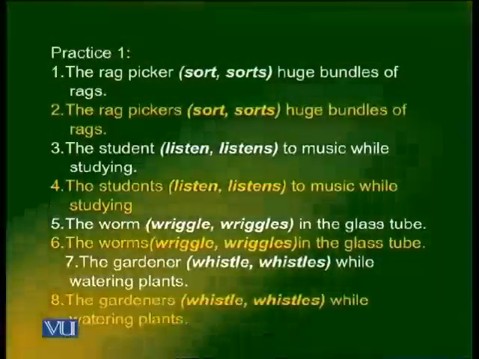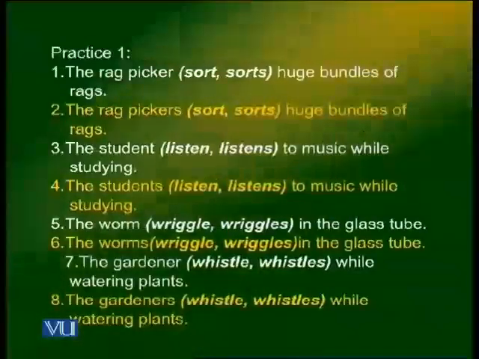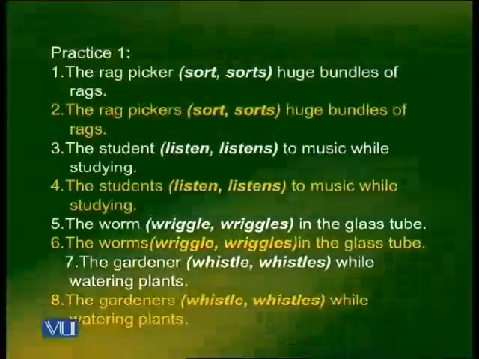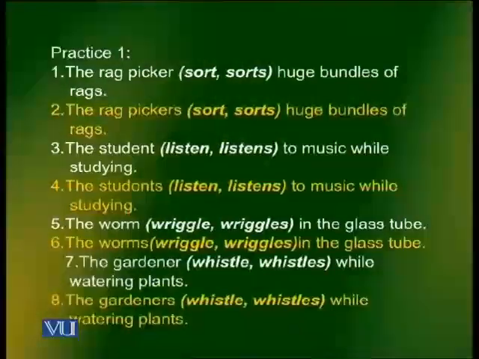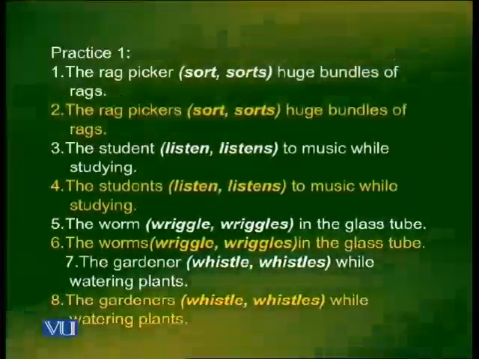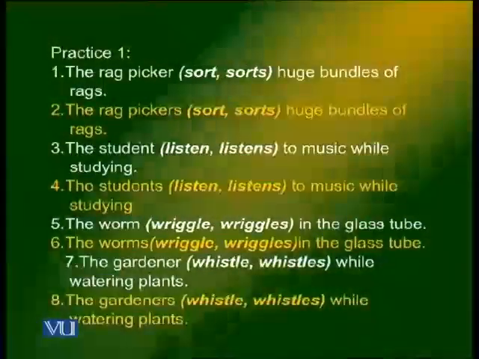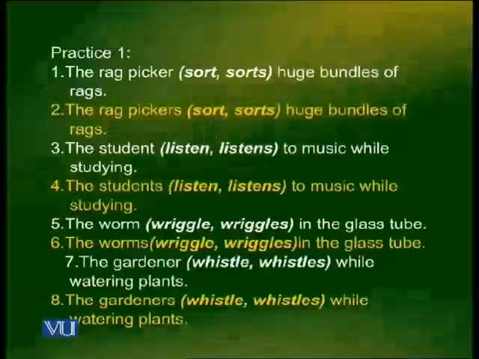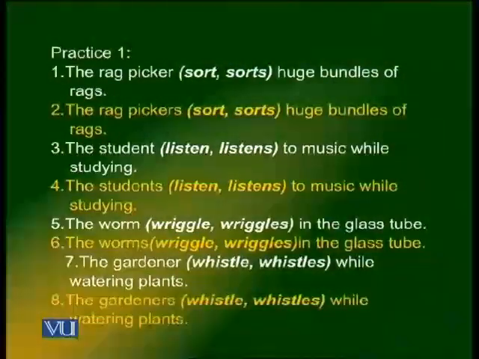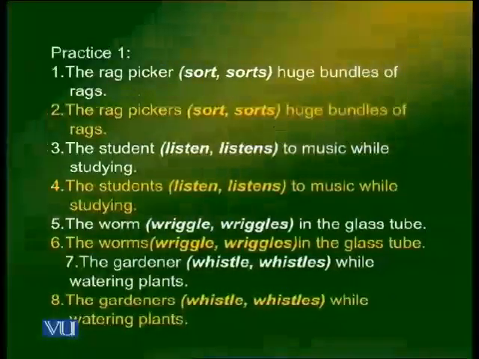And the form that is correct over there is the worm wriggles in the glass tube. Number 6, the worms, and now here the subject is in the plural, so you will have a different form of verb, and the verb will be wriggle. The worms wriggle in the glass tube.